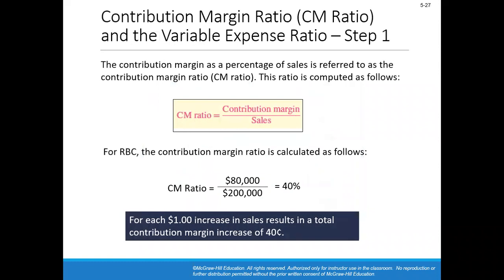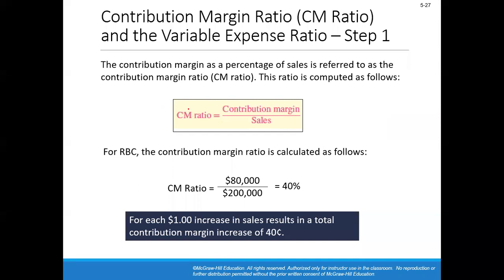So we have come to learn that contribution margin is the amount remaining after covering the variable expenses, and this amount is remaining to make up the fixed cost. So what can we do if we divide the contribution margin, either in total or per unit, by the sales value, or by the price per unit?